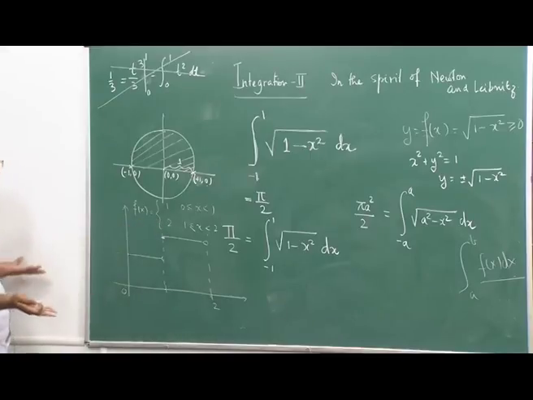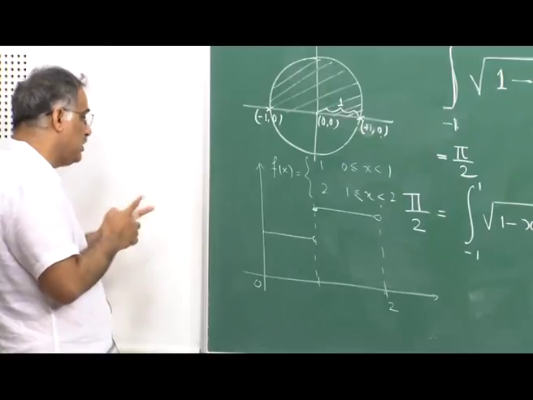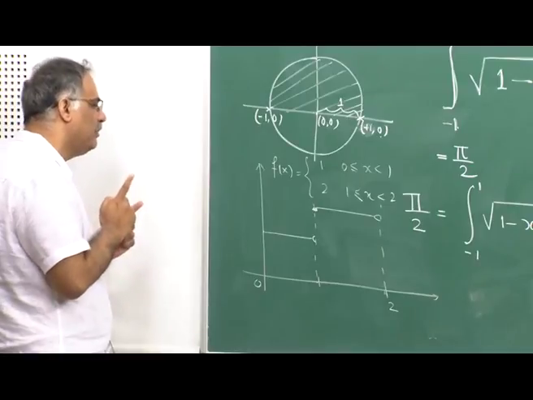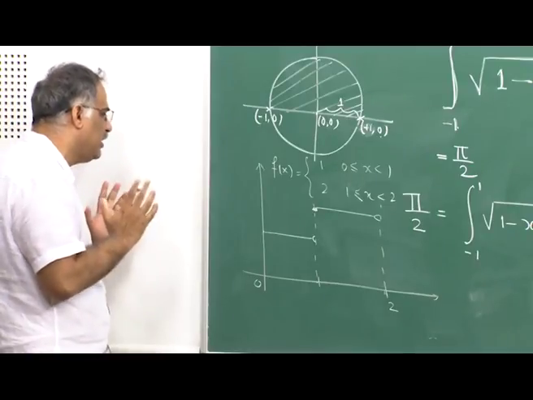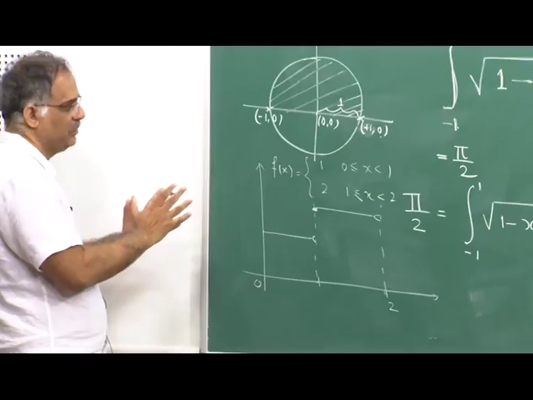This is a discontinuous function. You have already seen some discontinuous functions. Does this have an area? If we say that this has an area, we are making a very big statement.